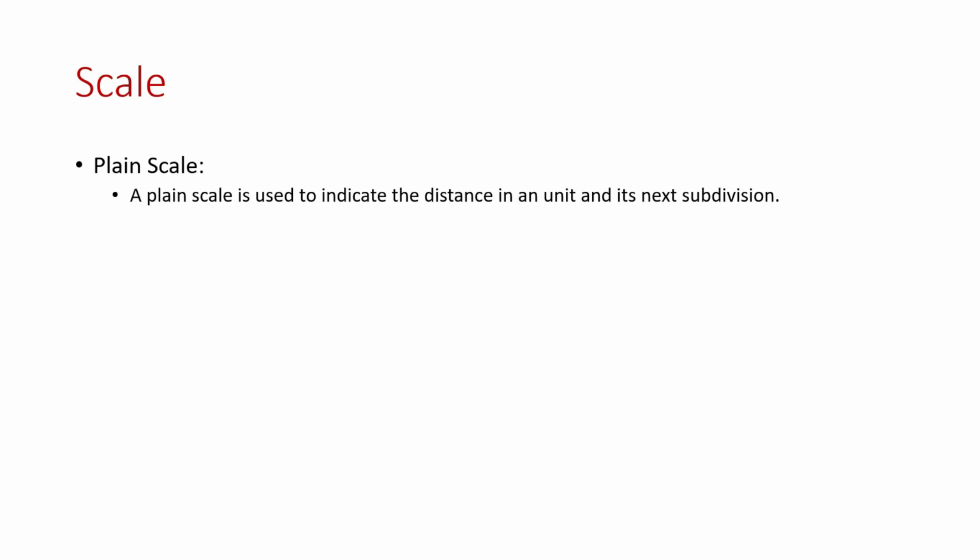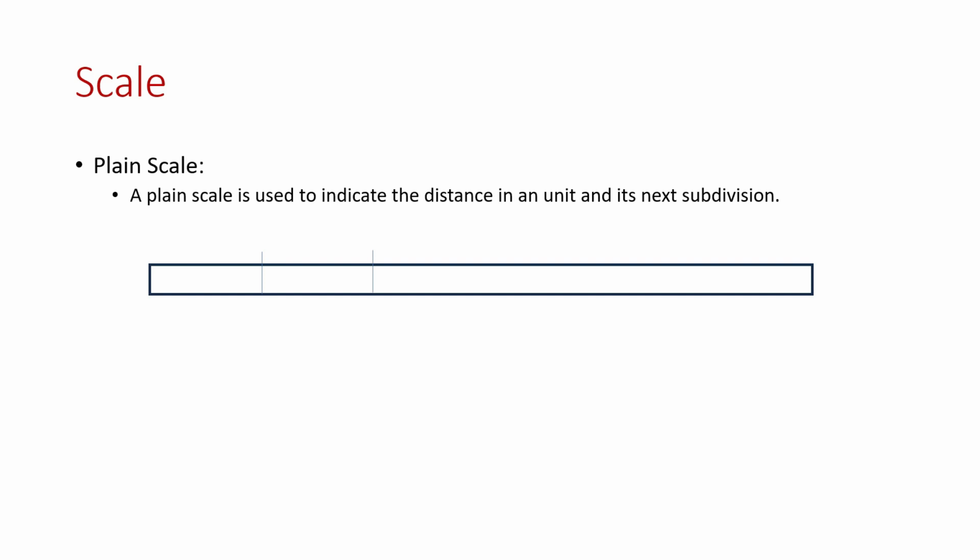In the plane scale, you can measure the distance up to one unit and its next subdivision. That means by using the plane scale, which we have in our school compass, let us suppose we can measure 5 centimeter, and again we can measure 5.1, 5.2 or 5.3. You cannot measure 5.15 centimeter by using your plane scale, because your plane scale can measure distance in a unit and its next subdivision.